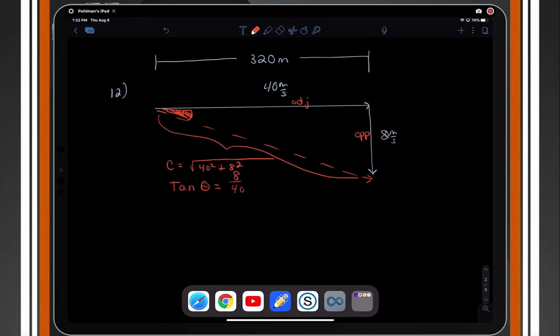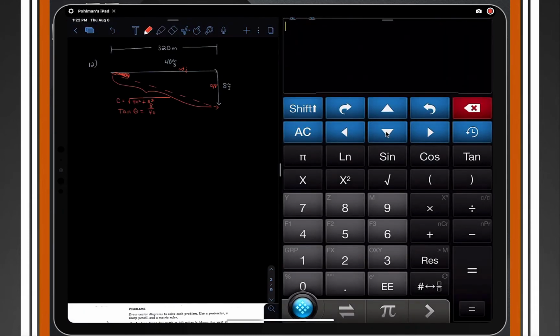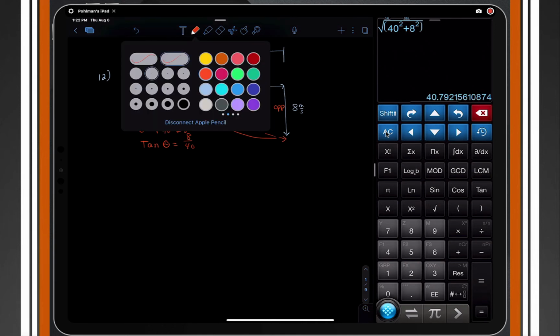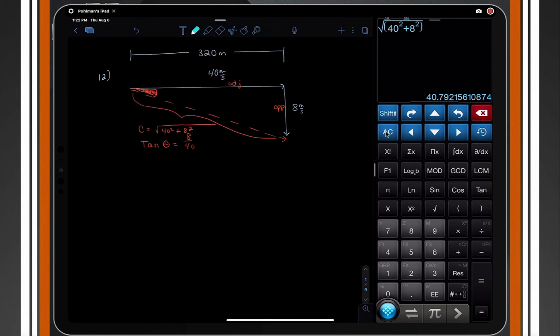Now, when we put these into the calculator, you should end up with the square root of 40 squared plus 8 squared. That'll tell us the resultant velocity. The resultant velocity, I'm going to put it in a light blue color. We have 40.8 meters per second.